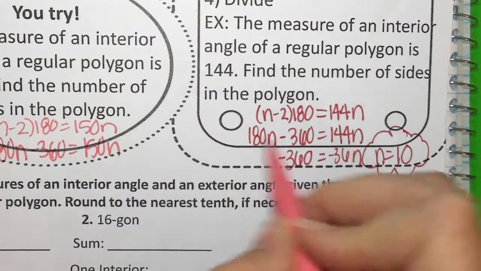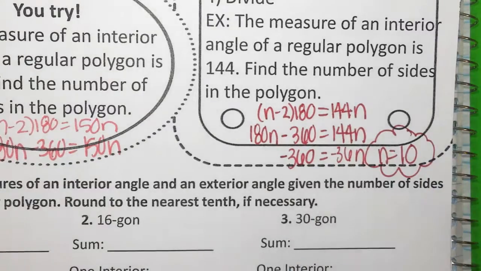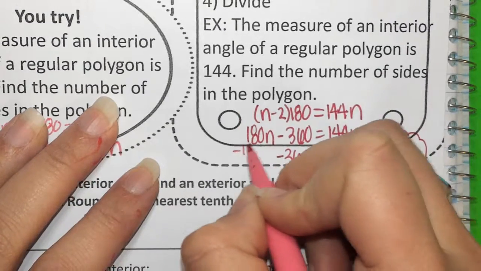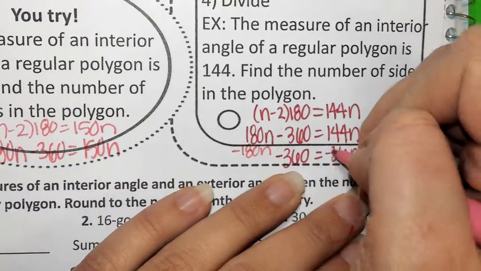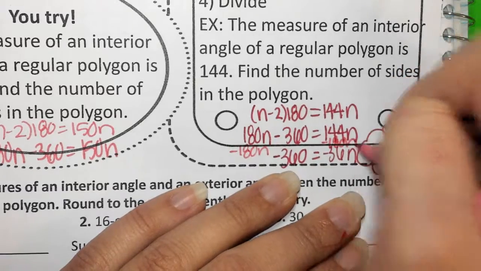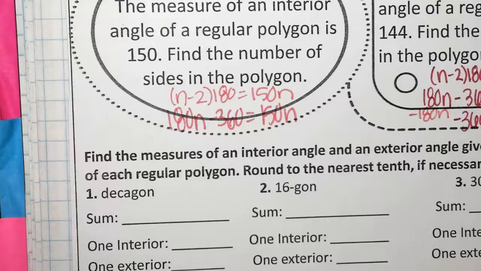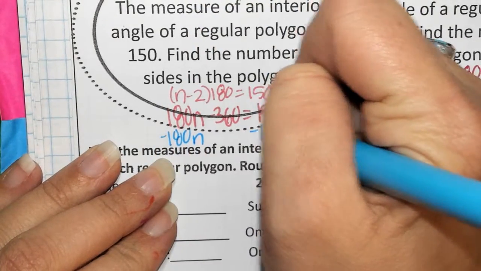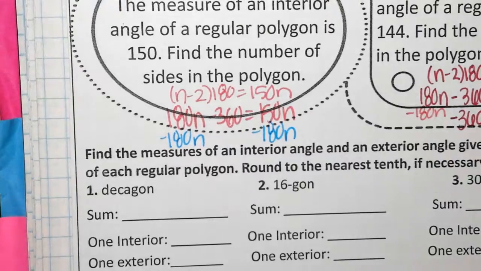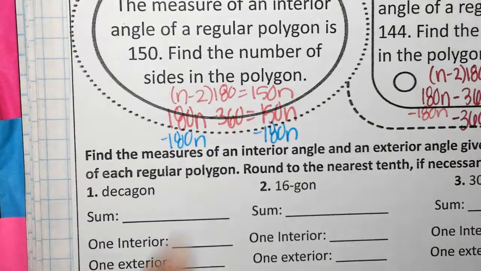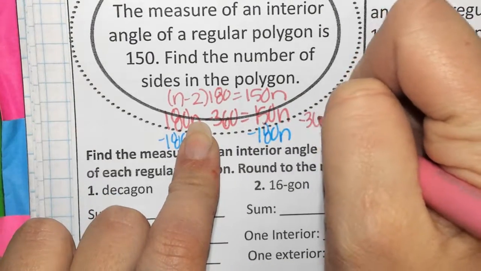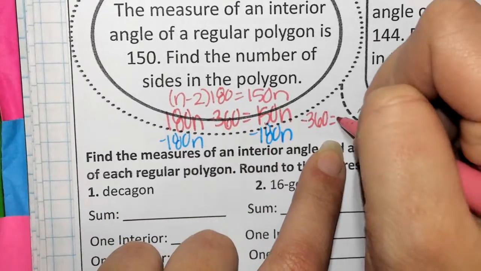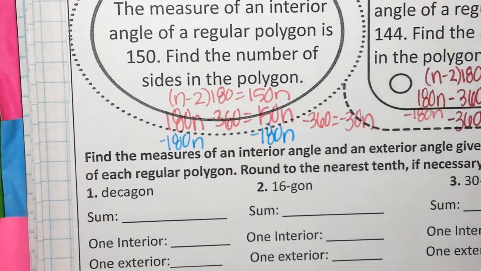So right here, what we did here, I just didn't write the step down, is we subtracted this 180n from both sides. So what you're going to do over here is the same thing. You're going to subtract that 180n from both sides. You have a negative 360 equals negative 30n, right?